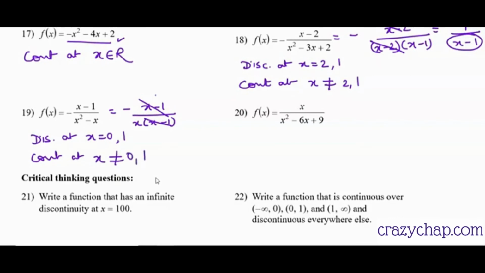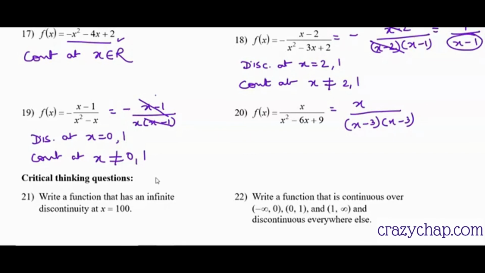Okay, come to number 20. x over x minus 3. There is no removable discontinuity because there is no common factor.